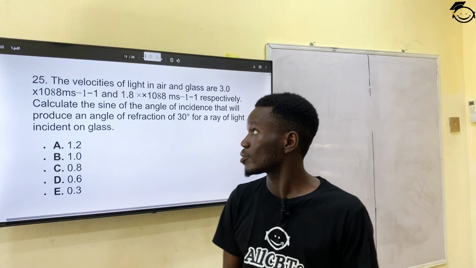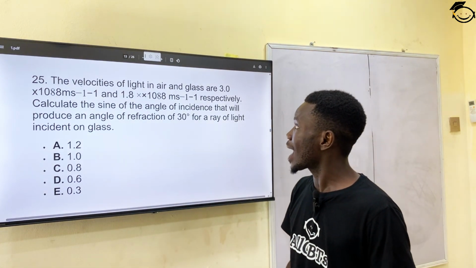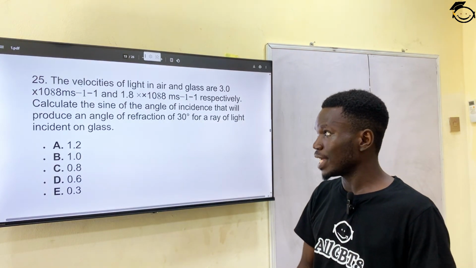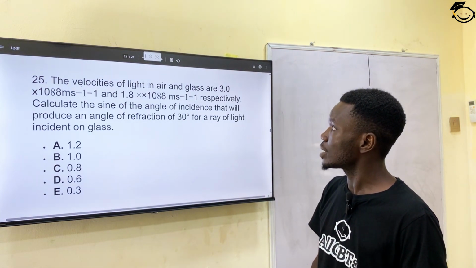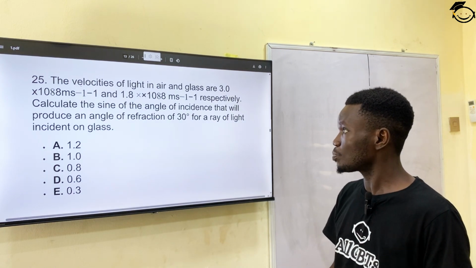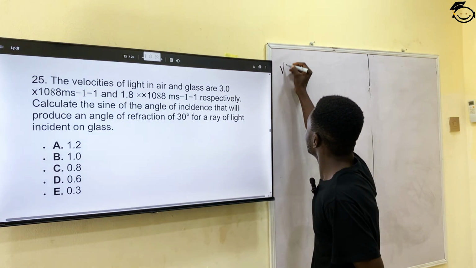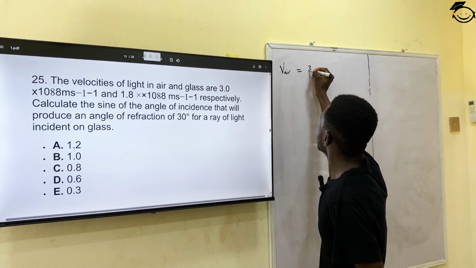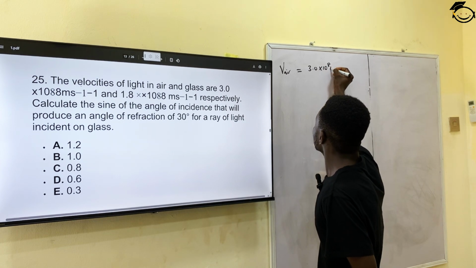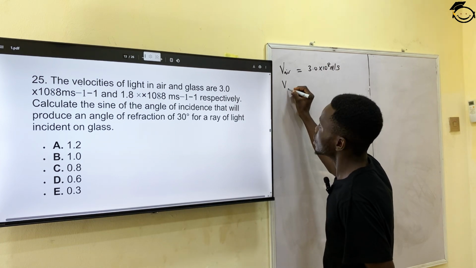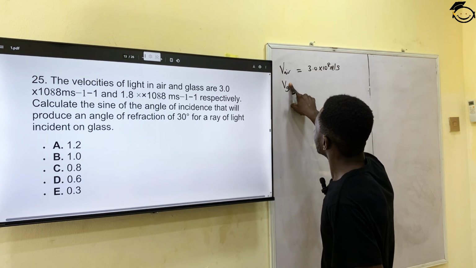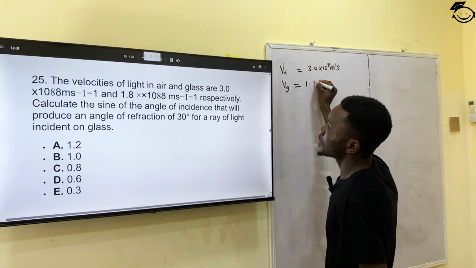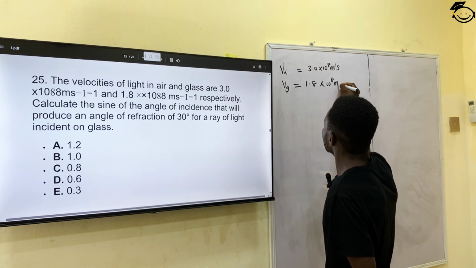So that takes us to question number 25, which says the velocities of light in air and glass are 3.0 times 10 raised to power 8 meter per second and 1.8 times 10 raised to power 8 meter per second respectively. So I have the velocity in air to be 3.0 times 10 raised to power 8 meter per second, and I have the velocity in glass to be 1.8 times 10 raised to power 8 meter per second.